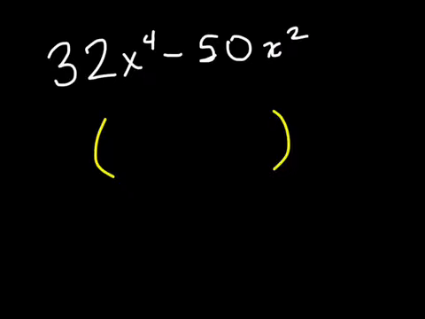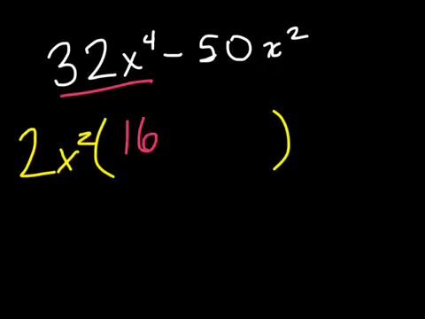So they're both divisible by x squared, so we could factor that out. But they're also both divisible by 2. So I'm going to factor out a 2x squared before we do anything. 32x to the fourth divided by 2x squared is 16x squared. And negative 50x squared divided by 2x squared is negative 25.